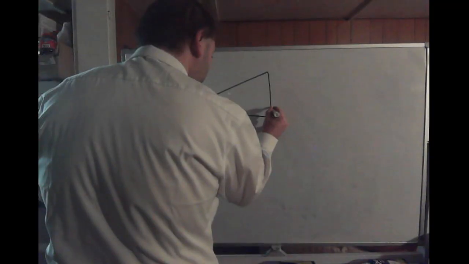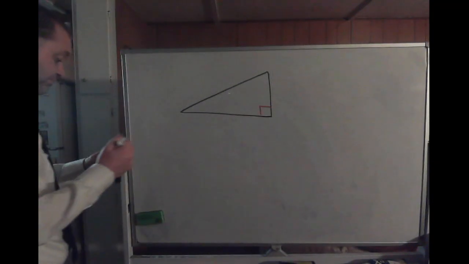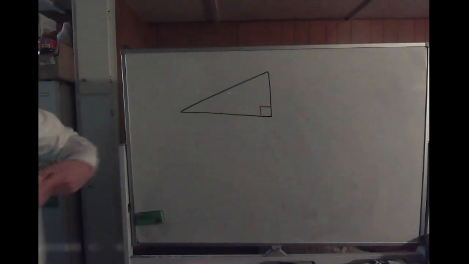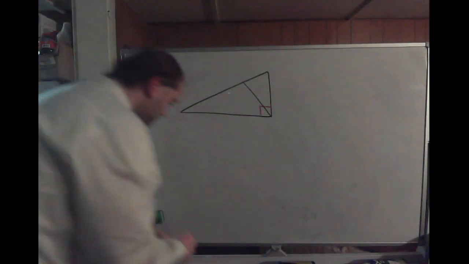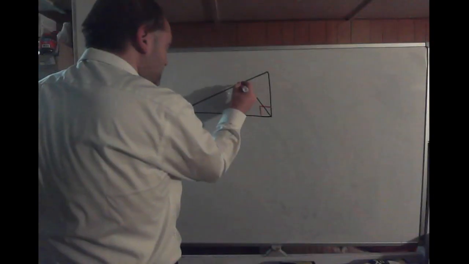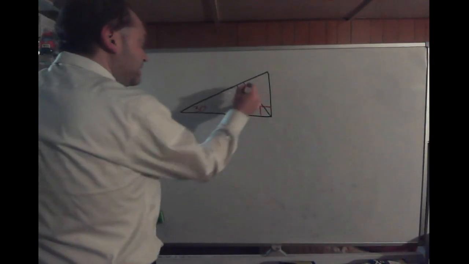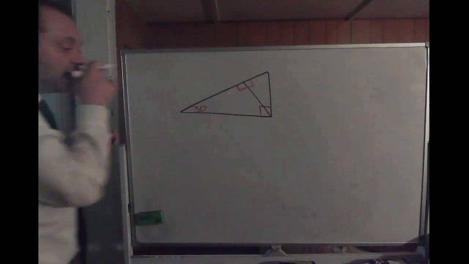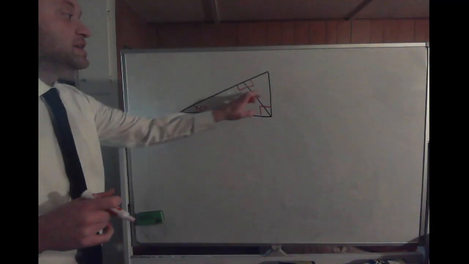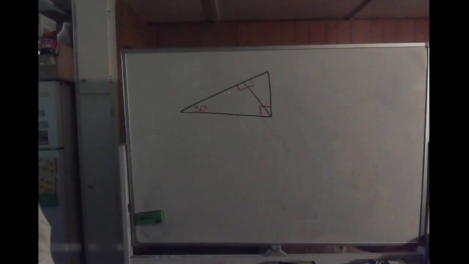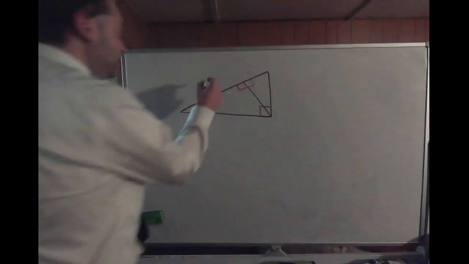We have a whole right triangle right here, but we're not done yet. No, not at all. We know this angle here is 30 degrees. So we so far have one large right triangle split into two smaller right triangles. This would have a length of y.